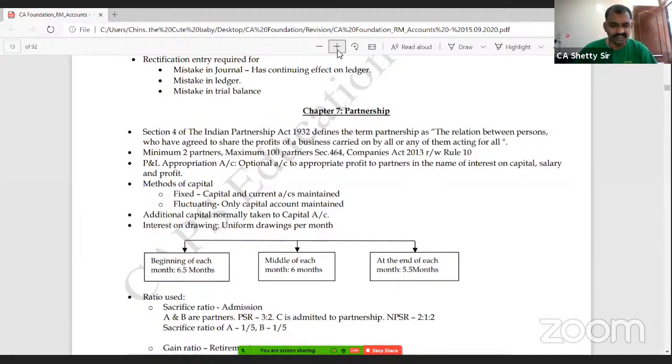Below that, any change in the terms of agreement. Say: admission, retirement, death, change in PSR.